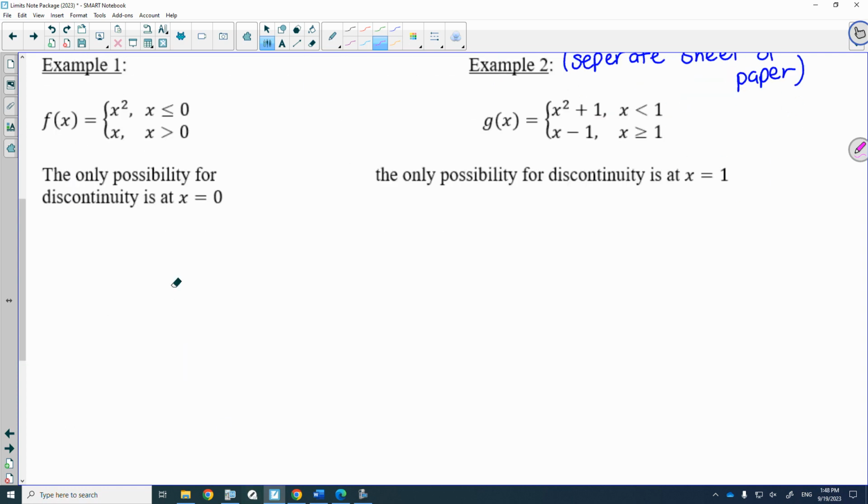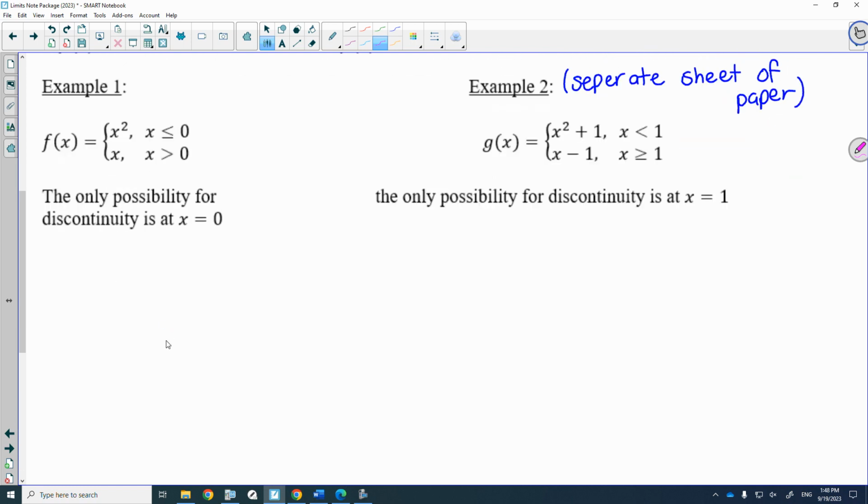So all three of these must occur for our function to be continuous. What I want to show you is we're going to do the algebra, and then I'll prove it to you by graphing. You do not have to graph on your test, though. For this one here, we want to know if our function is continuous at x is equal to 0. This is always our potential breakpoint of the graph.